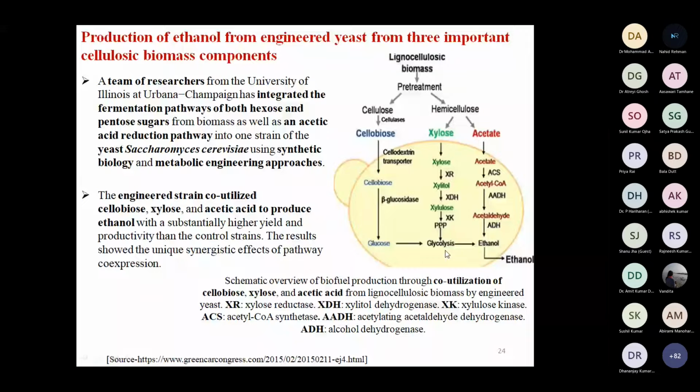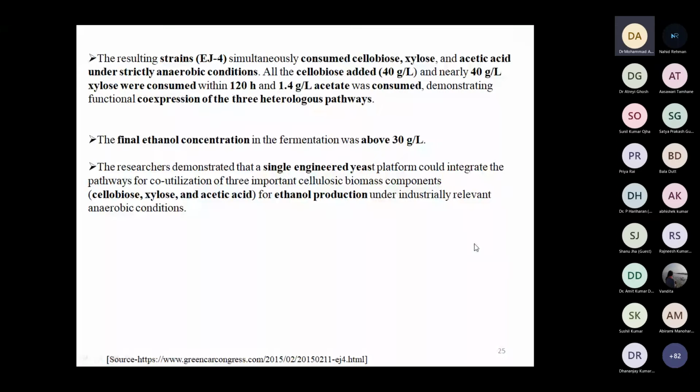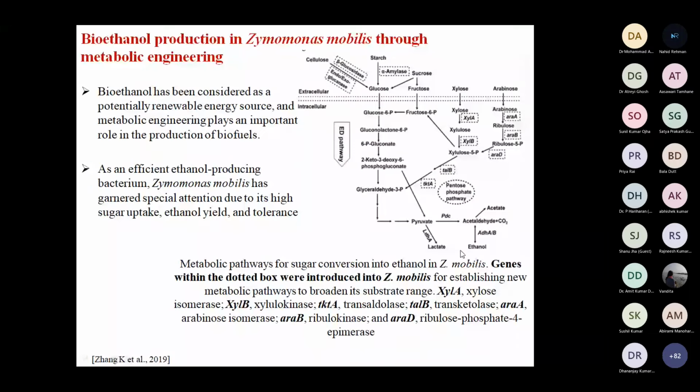There you will have the enzyme alcohol dehydrogenase, so you will get the ethanol. And so you should know whether all these enzymes are there in your desired microbe or not. This is very important.